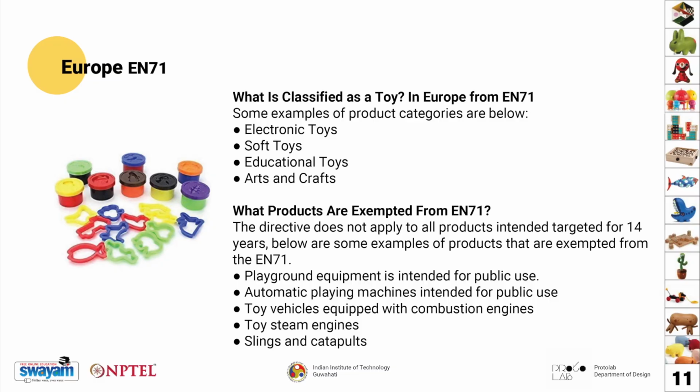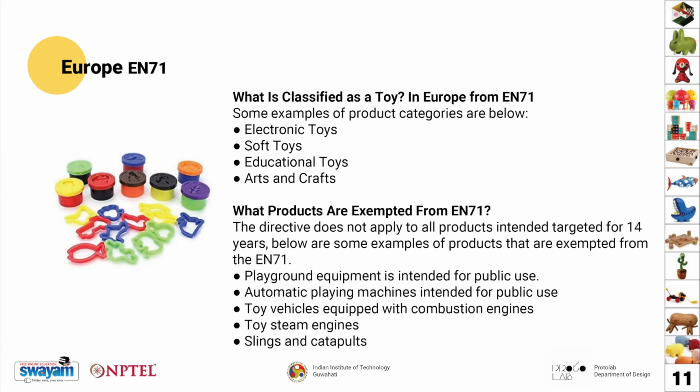And now let us understand what products are exempted from EN 71. The directive does not apply to all products intended for those 14 years and below. Below are some examples of products that are exempted from EN 71. 1.